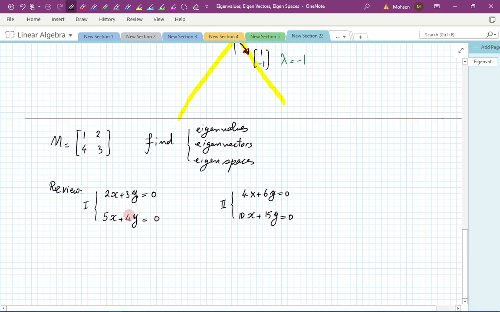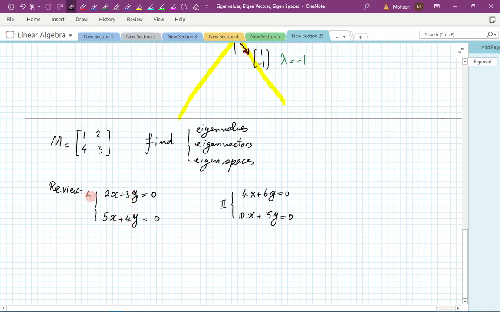Suppose I want to solve this. You can do it by that heavy machinery of Gaussian elimination or whatnot, but let's just do it very simply, like you would do it in high school. You say, let me eliminate x, or let me eliminate y. Suppose I want to eliminate y.